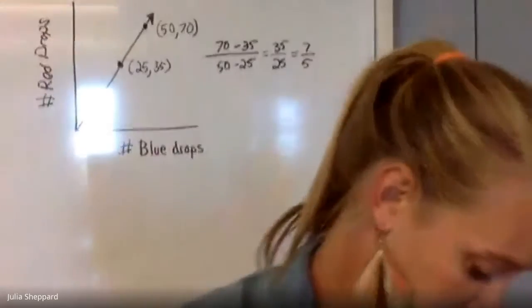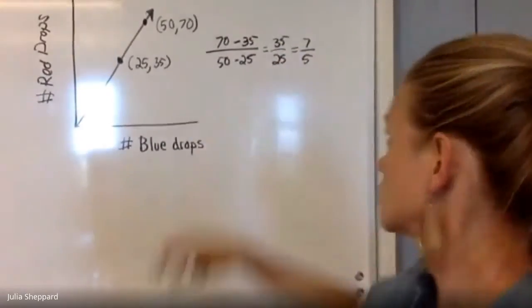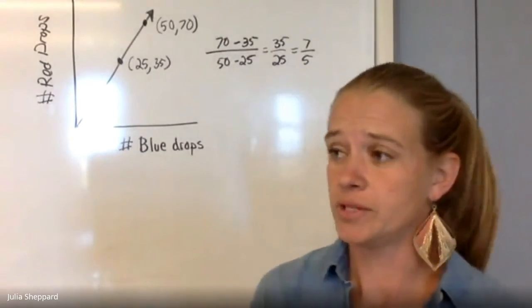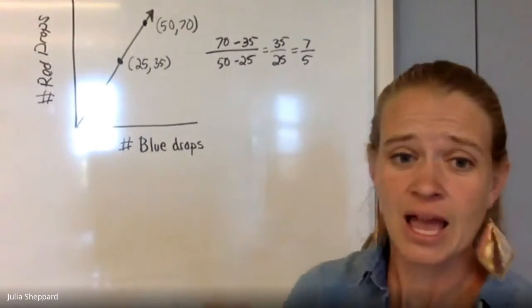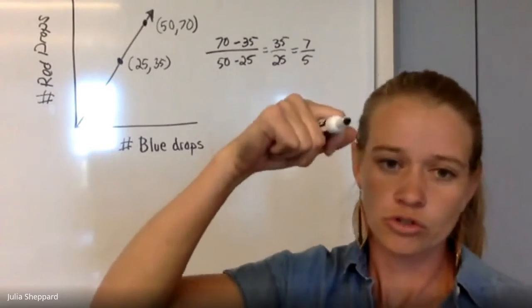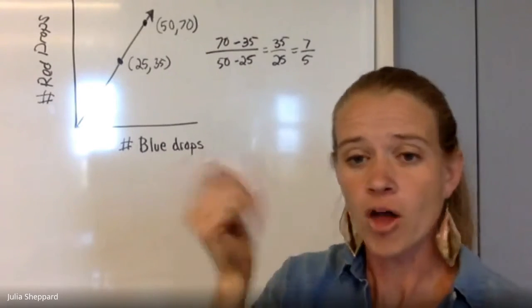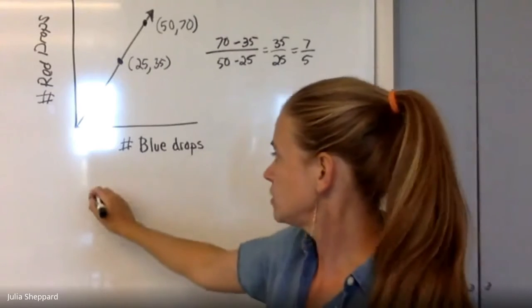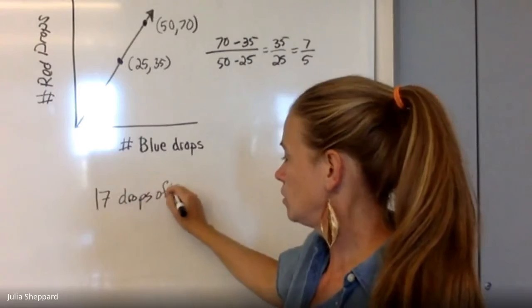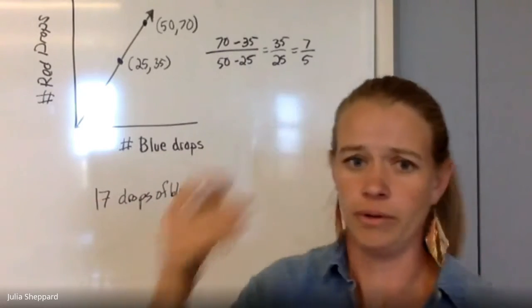This is not in your book. It just said, what is the slope of the line? The slope of the line is 7/5, and it means 7 drops to 5 drops. What's really helpful is, let's say I'm letting my kid put drops of food coloring in, and they're like, okay, the bottle ran out, and there's only 17 drops of blue. And then you're like, oh my goodness, 17.